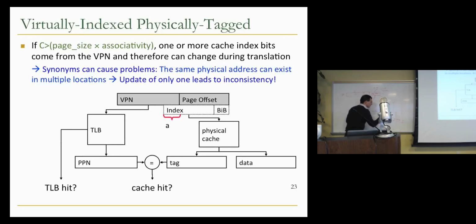These are two different virtual page numbers that map to the same physical frame number. But they go to different indices, right? The first one, VPN x0, goes to index 0 and whatever these remaining bits are, somewhere over here. The second one, VPN x1, the one that ends with a 1, goes to somewhere else, right?